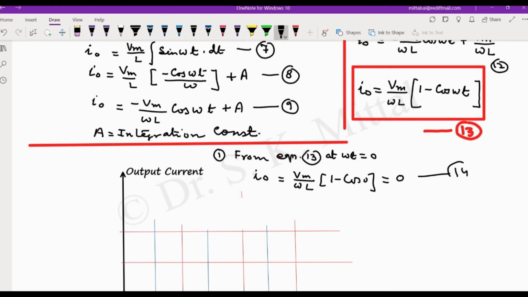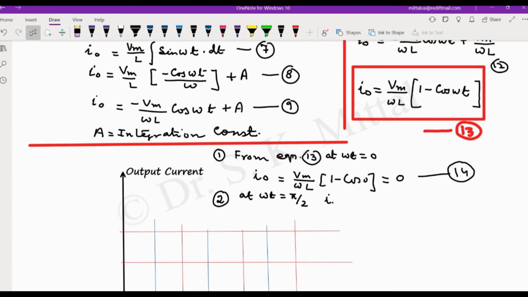Means at omega t is equal to 0, we have obtained the value of output current 0. Now, next value we can calculate at omega t is equal to pi by 2.